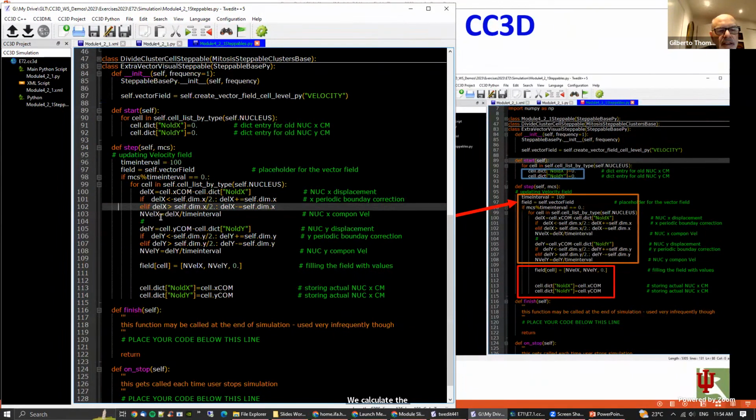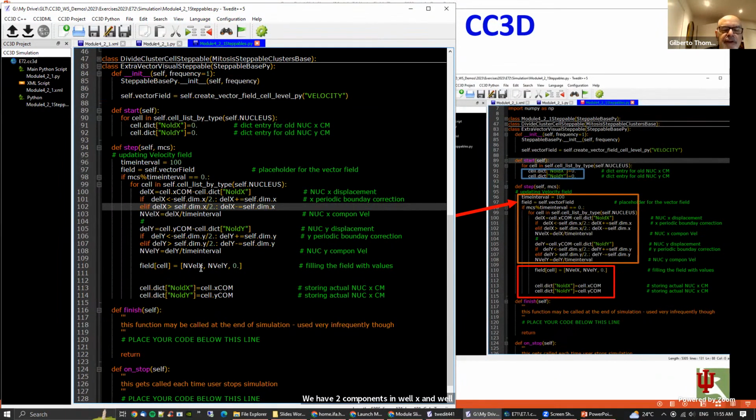Nucleus velocity x is del x over time interval, and nucleus velocity y is del y over time interval. And we fill our field saying that the field at the point where the cell is has a vector with two components, val x and val y.